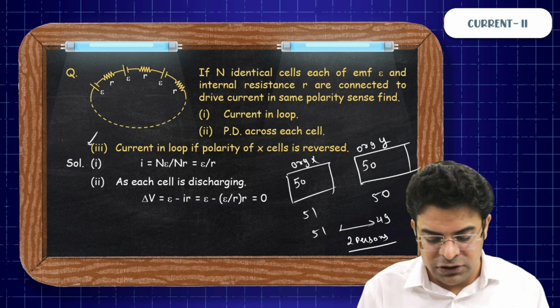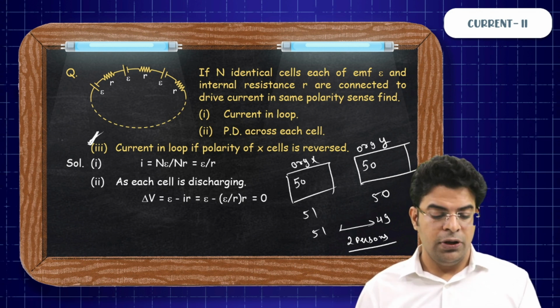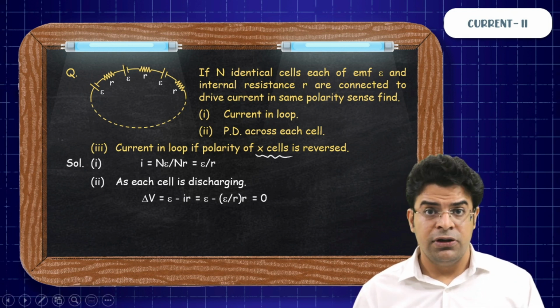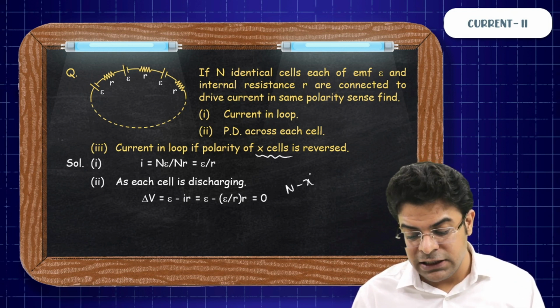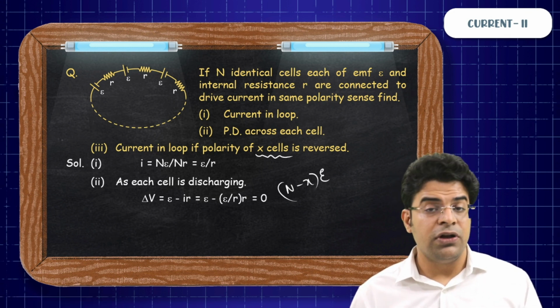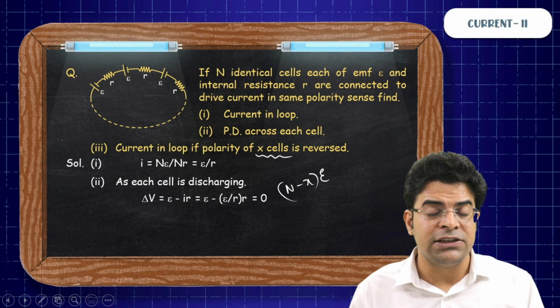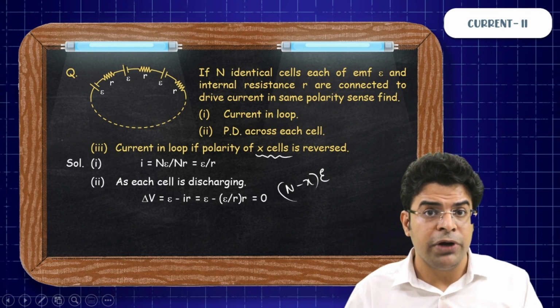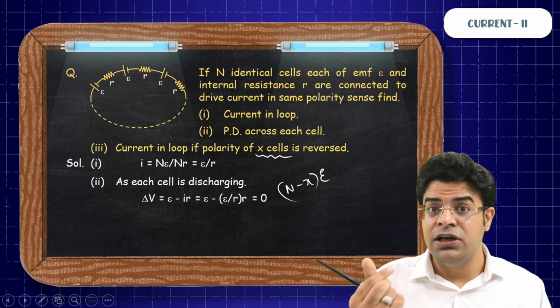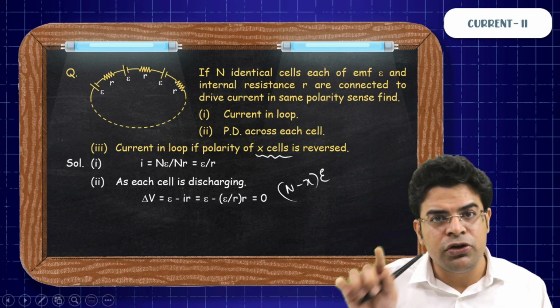Because that's what this third question is all about. People think that when we reverse x cells, we have only n minus x cells trying to drive the current in one sense. So the equivalent EMF has to be n minus x into E, but that will be wrong because the other x cells which have been reversed are now trying to drive the current in the opposite sense.